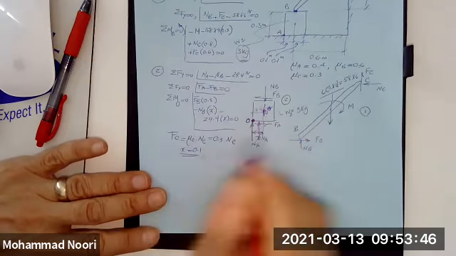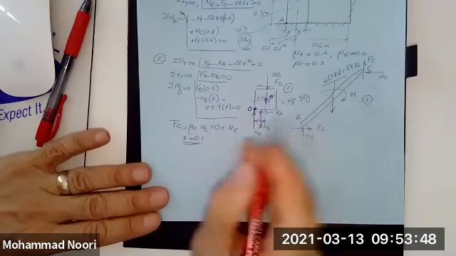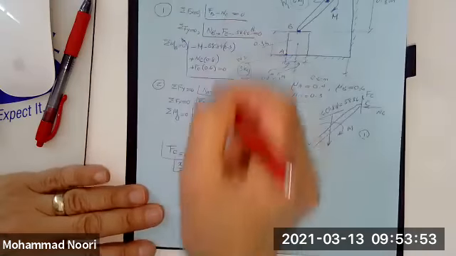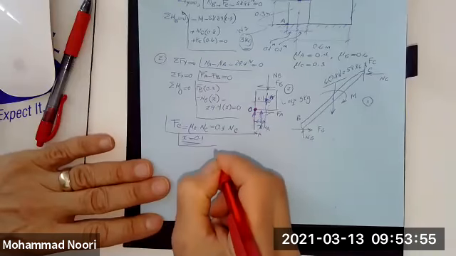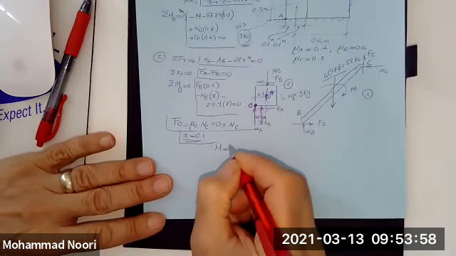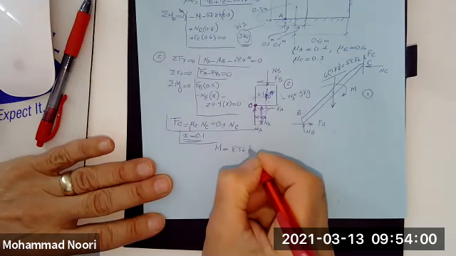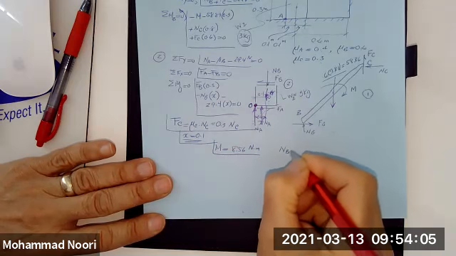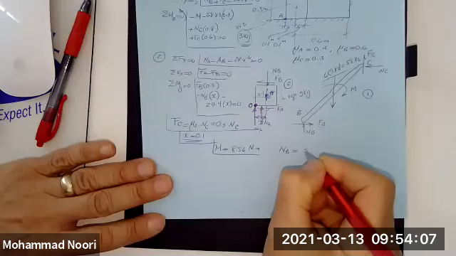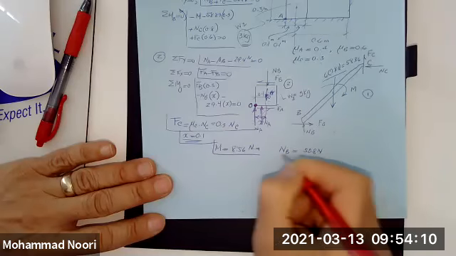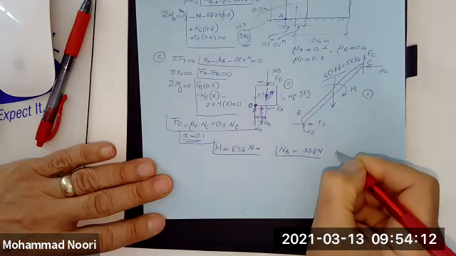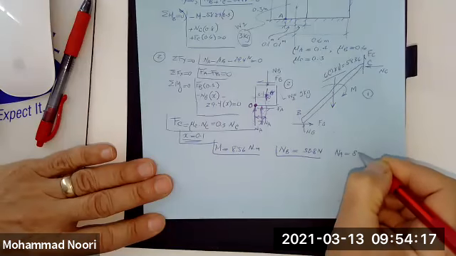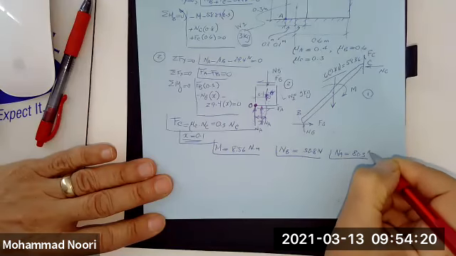So by substituting these values into all of these equations, I get M that comes out to be 8.56 Newton meter. N_B comes out to be 50.8 Newton. N_A comes out to be 80.3 Newton.